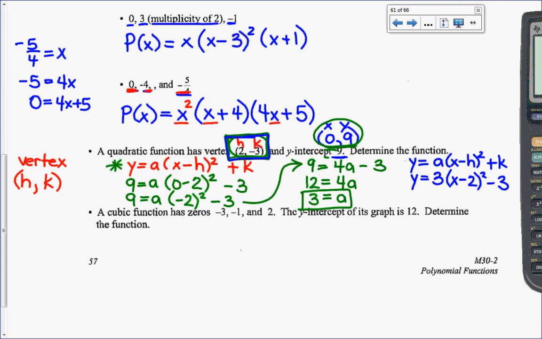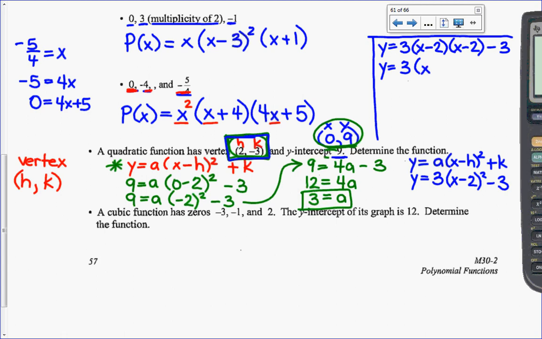So to expand that, I'm going to do it over here just because I've run out of room. I hope you have a little bit more space than I do. Y equals 3 times x minus 2 times x minus 2. That's what x minus 2 squared means, right? Minus 3. So y equals 3 times, let's FOIL this x minus 2 times x minus 2.